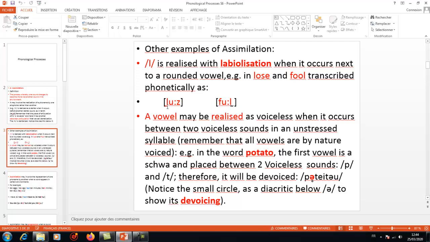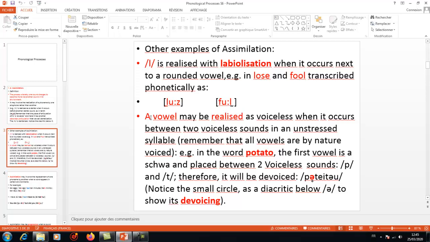Notice the diacritic below the L here and here. This diacritic shows that the L is being labialized. How does this happen? Of course, because L is found next to a rounded vowel. You remember from what we saw in phonetics, U is a rounded vowel. Therefore, it's going to affect in one way or another the L, either before it or following it, and it will make of it a labialized sound.